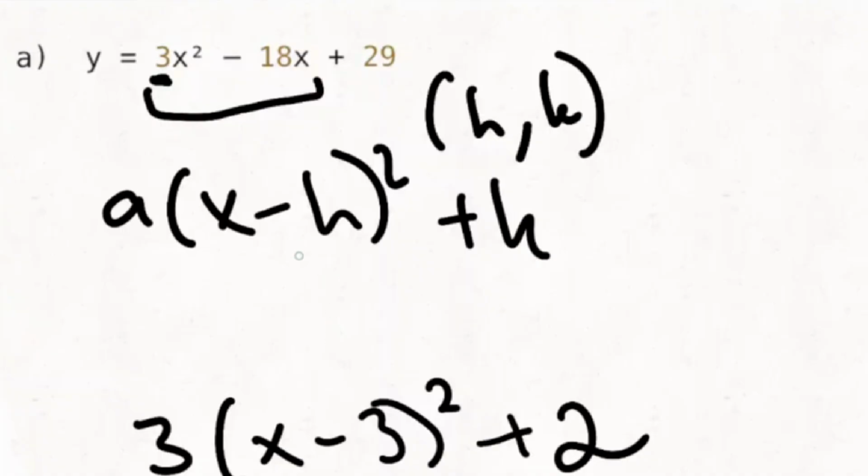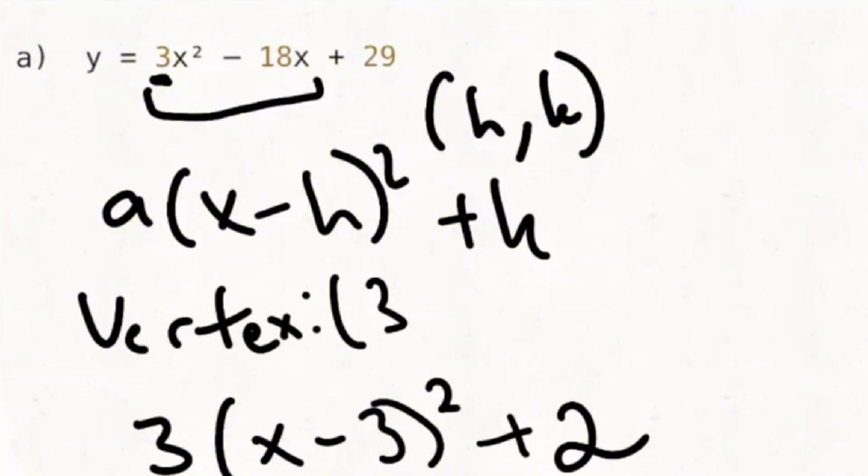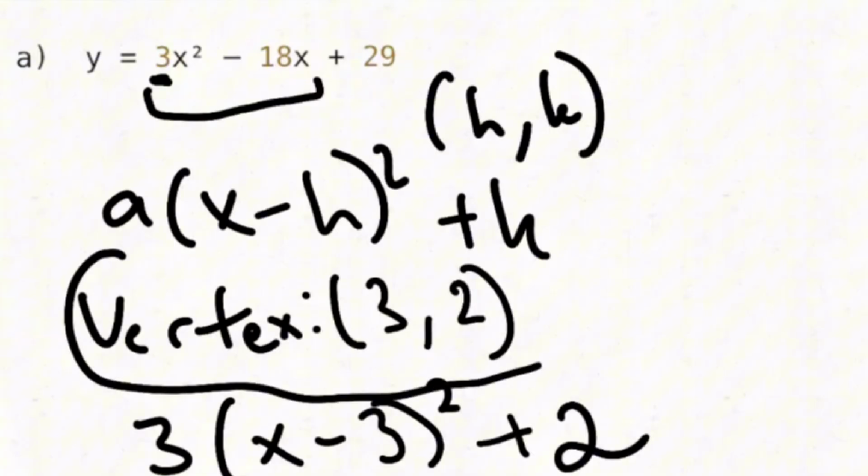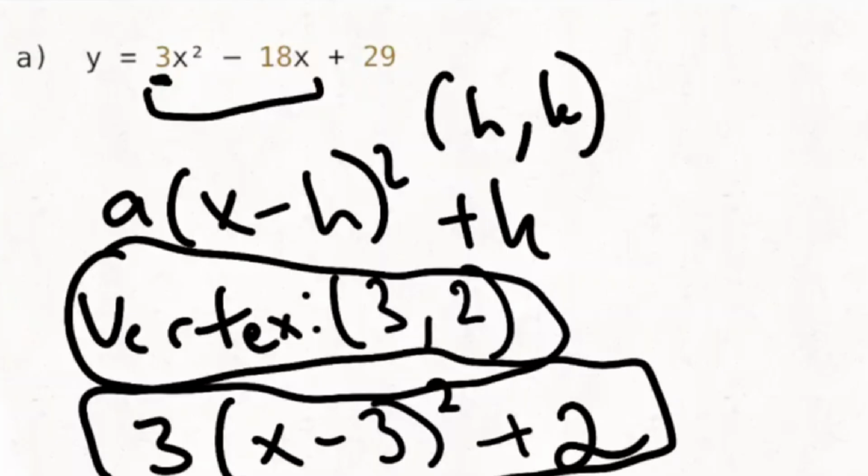So if we look at this, our h is 3. Now I'll write down vertex. And our k is 2. So this right here, 3 comma 2, is our vertex, and this is our final vertex form. Okay, so this right here is our vertex form, and this is our vertex. So let's move on to the next question.